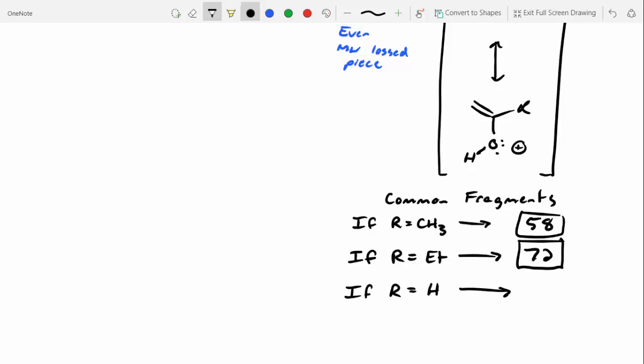Please tell me my math was right there. We've got 2 carbons. We've got, what would that be? 1, 2, 3, 4 hydrogens, 1 oxygen. So that should be 44. So if you see any of these peaks, it's a good indication that either you had some sort of methyl ketone originally, an ethyl ketone, or an aldehyde. So these can be really valuable clues.